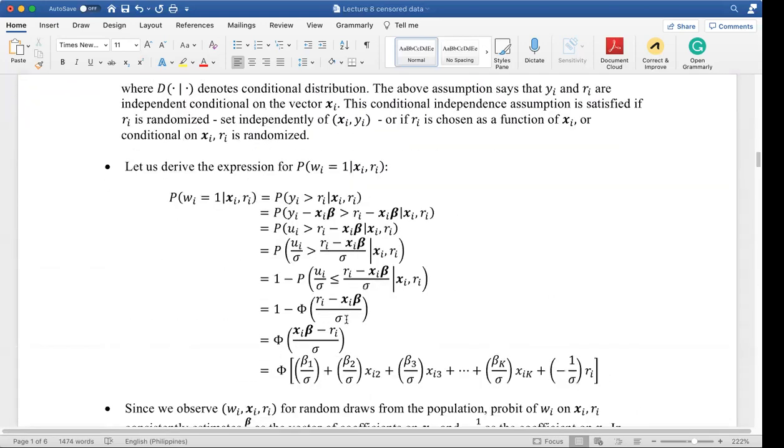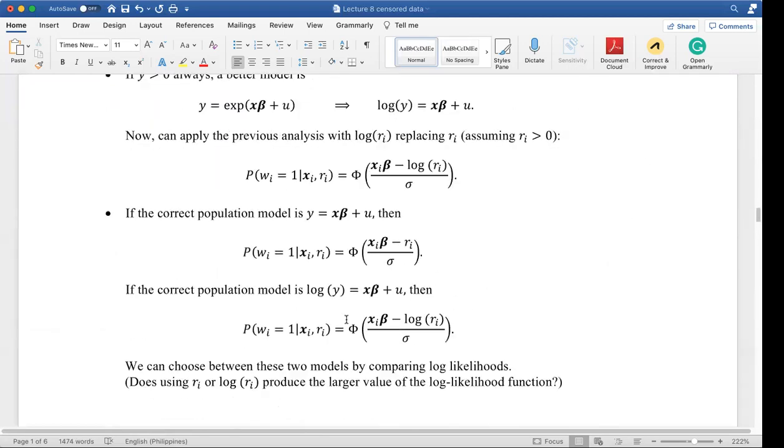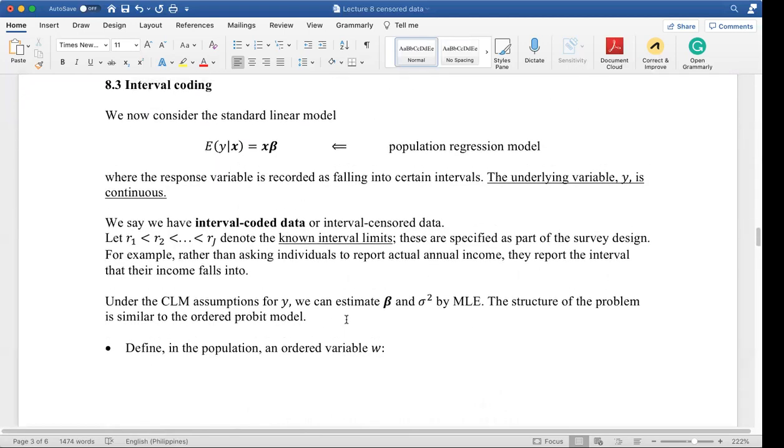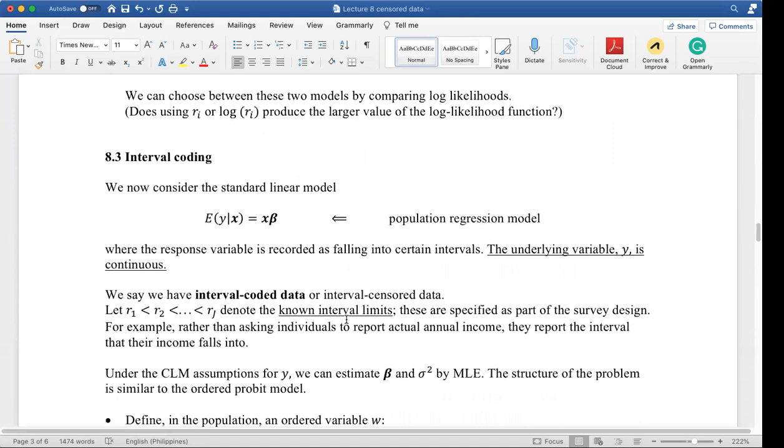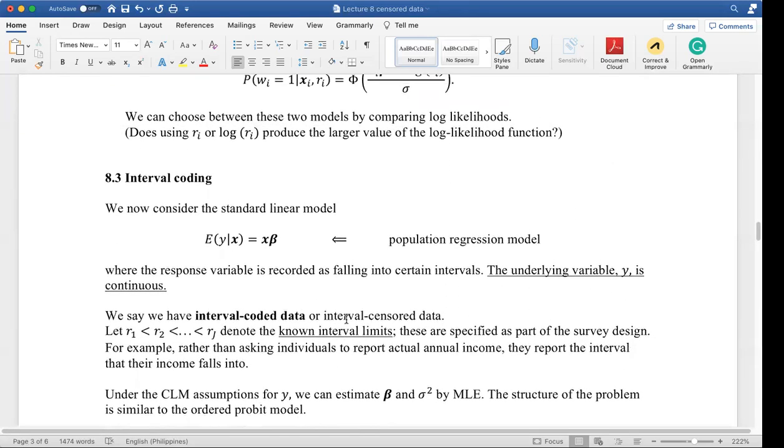Now let's move on to interval coding. I'll just introduce it since it's 2/4. Okay, so this is now more general because we now have intervals.